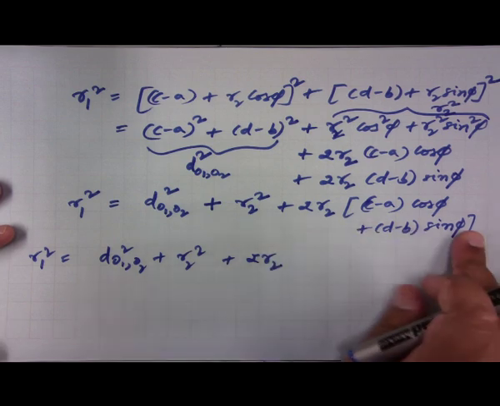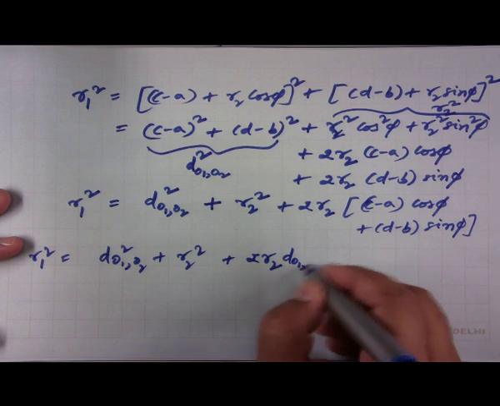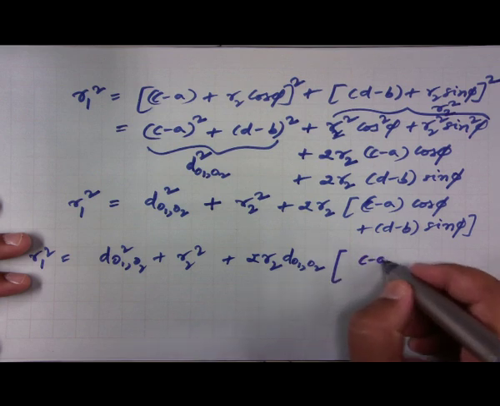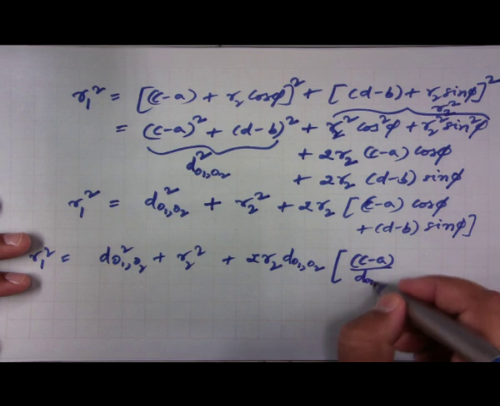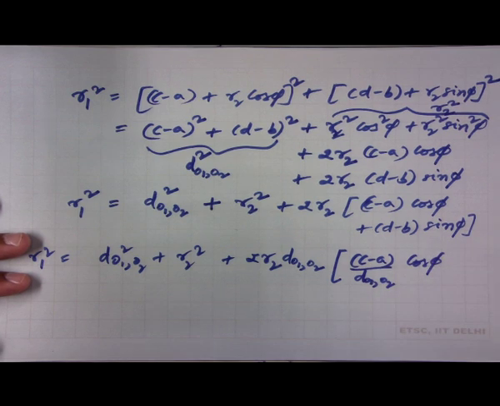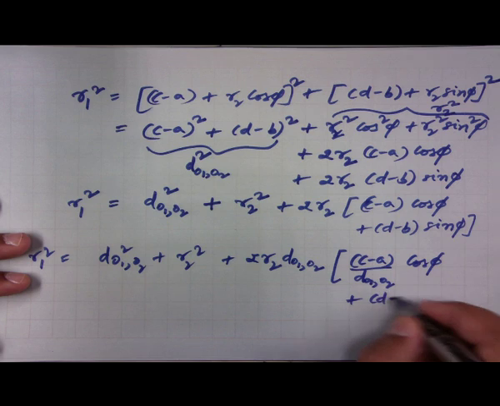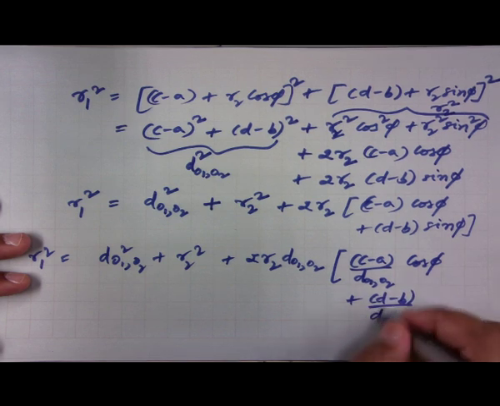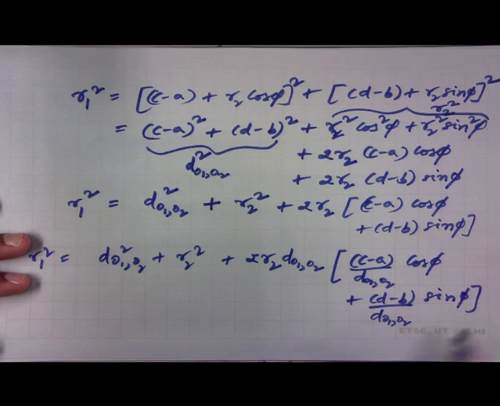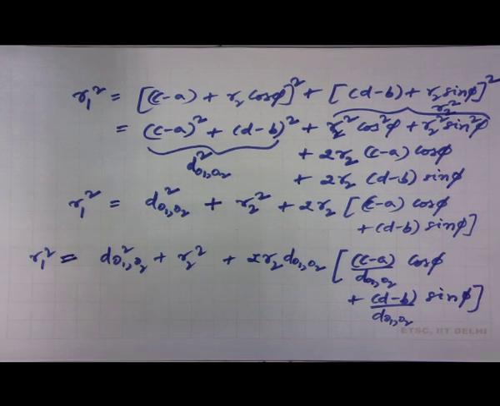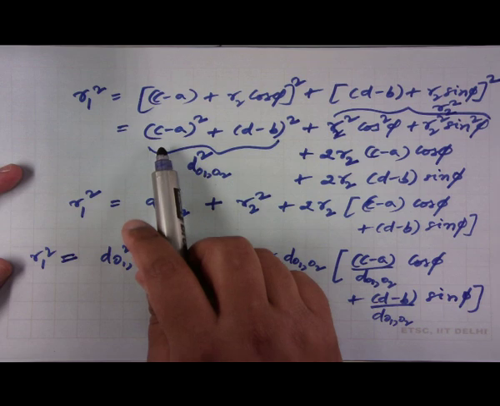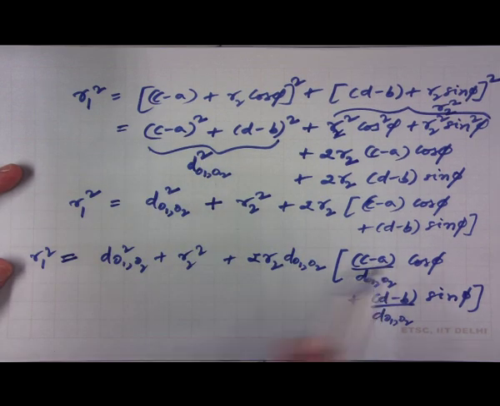Just this term, we multiply and divide by d O1 O2, and this becomes c minus a by d O1 O2 times cos phi plus d minus b by d O1 O2 into sin phi.